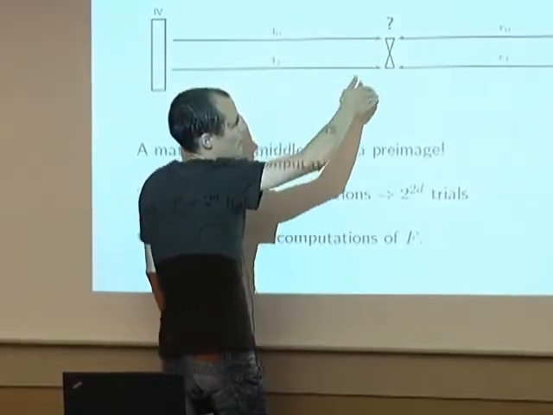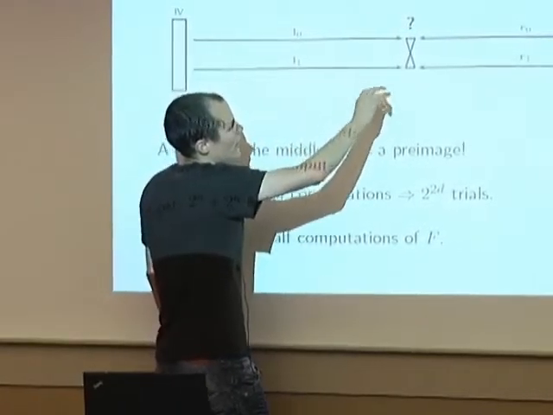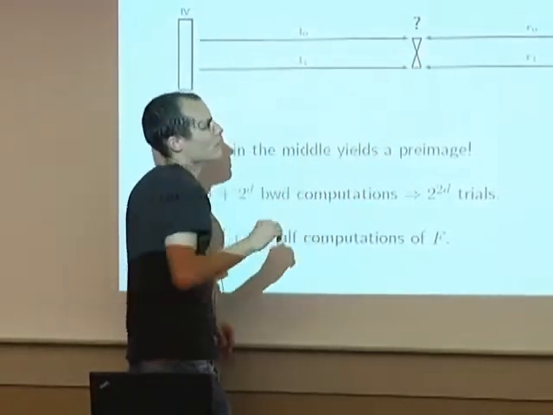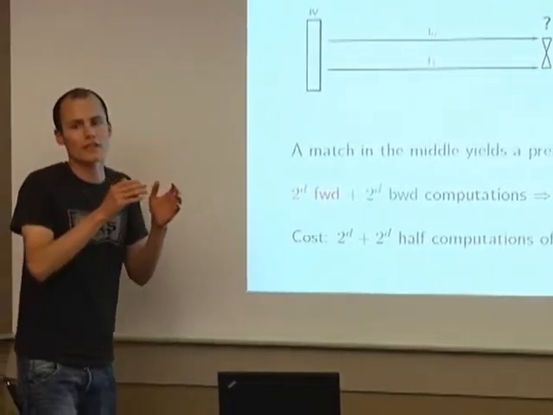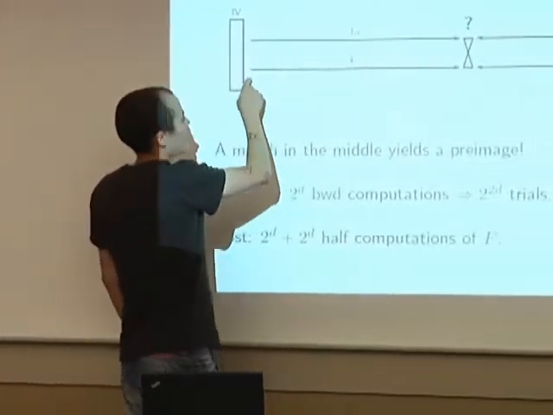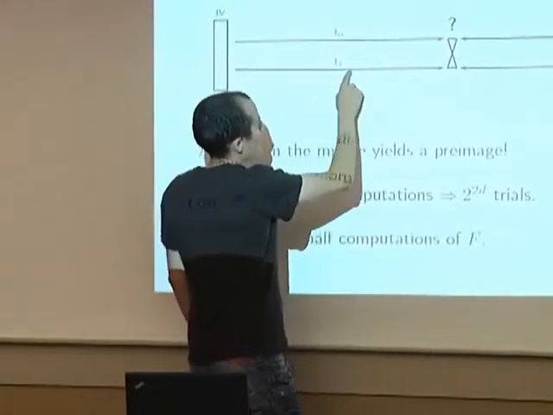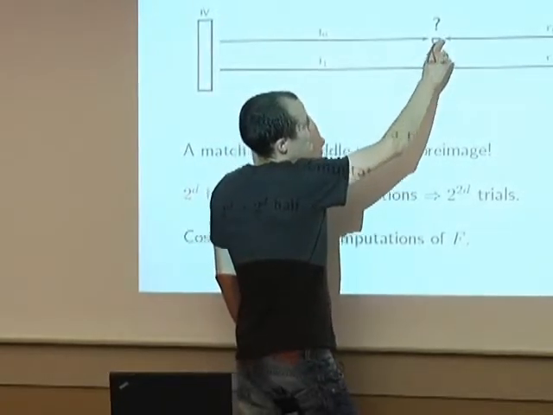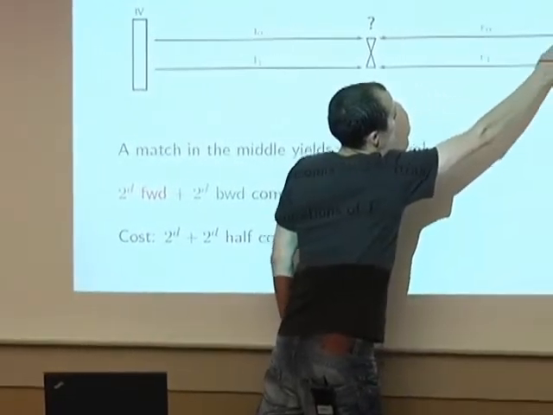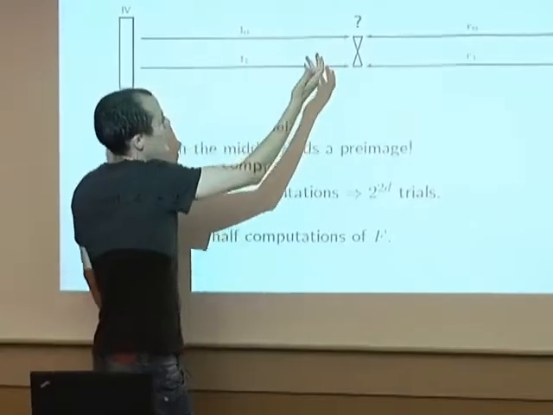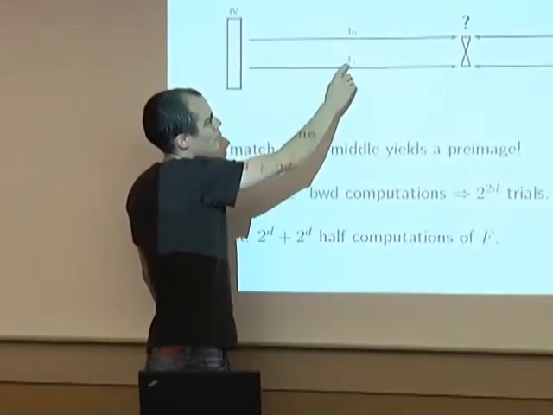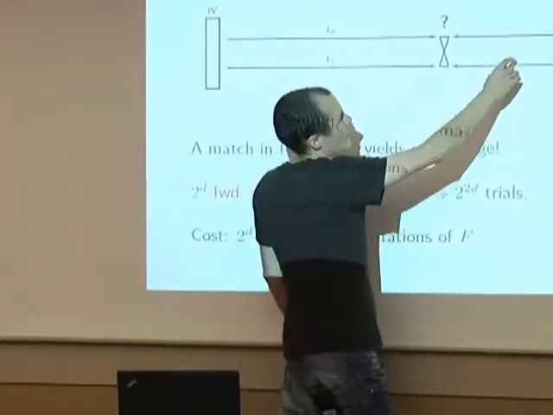So I end up with two lists of values, and I look for a match between these two lists. When I have a match, for example when the value from this computation matches the value from this computation, then I have a preimage consisting of left part L1 and right part R0.